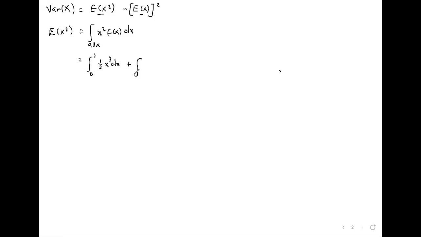Plus the integral from 1 to 3, 1 over 3 x squared dx, plus the integral from 3 to 4.